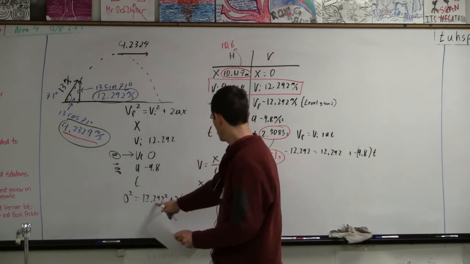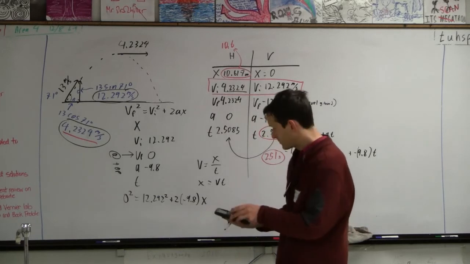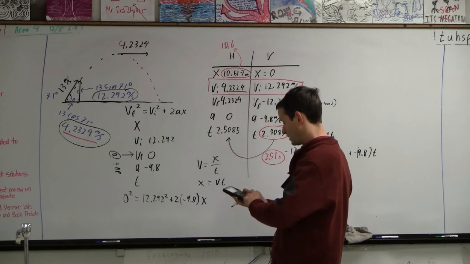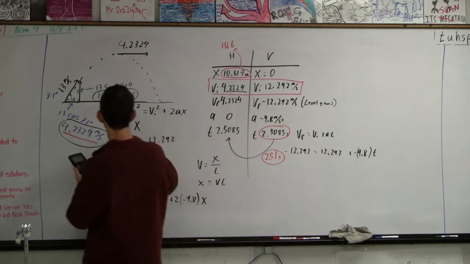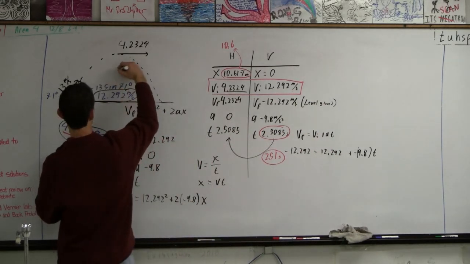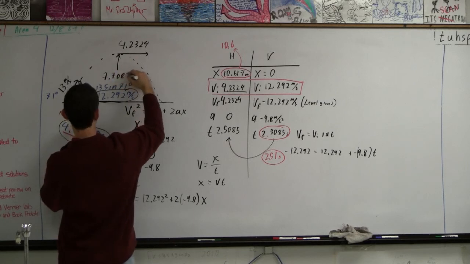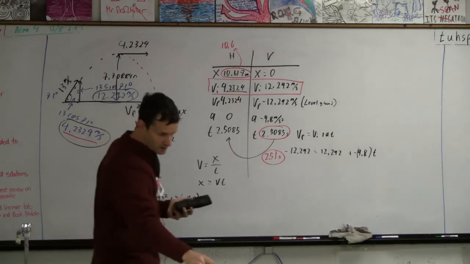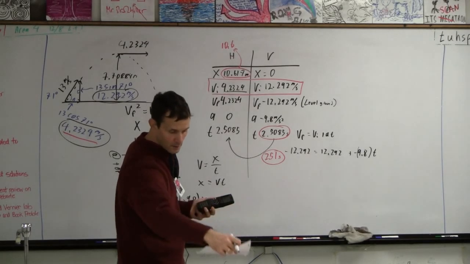So it's this squared divided by 2 times 9.8, which is 7.70884. So this distance here is 7.70884 meters, and the sheet says 7.71 meters. Yeah, there we go.